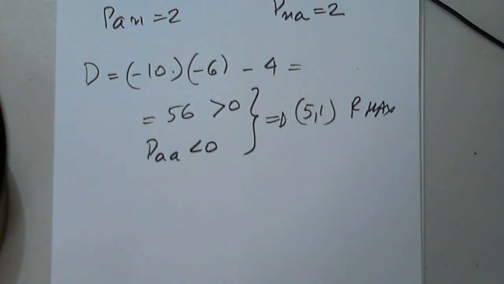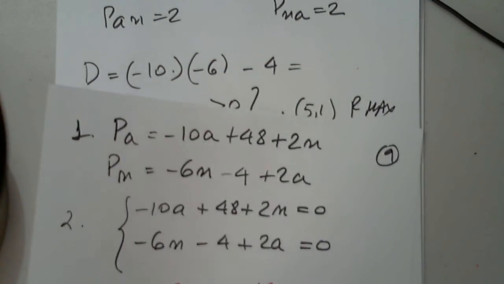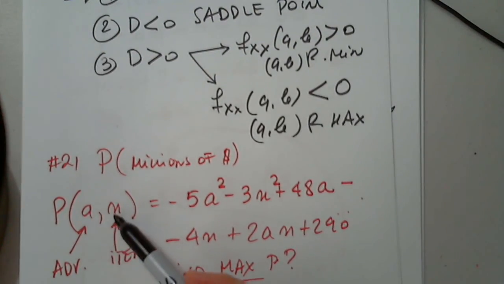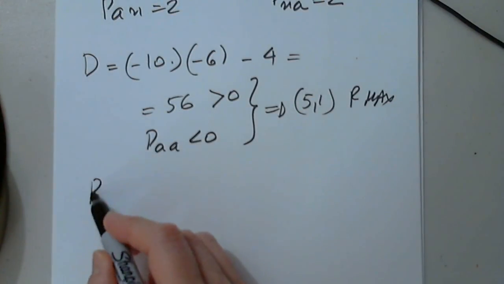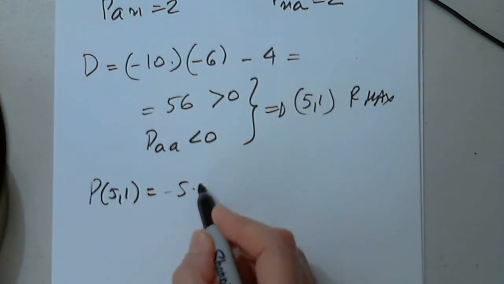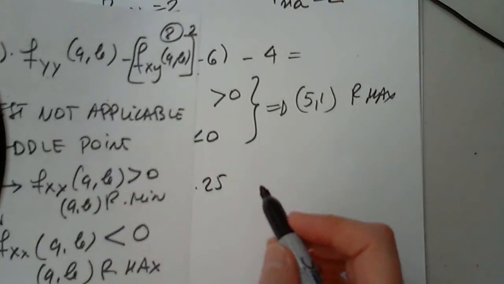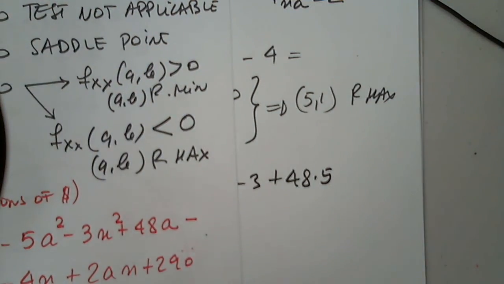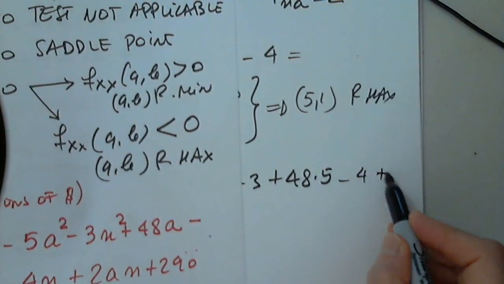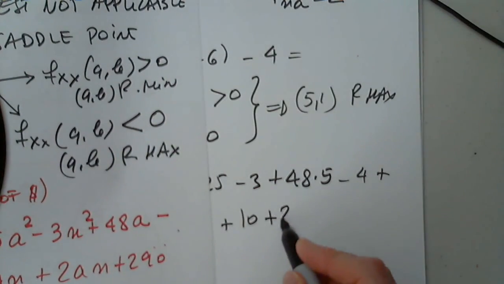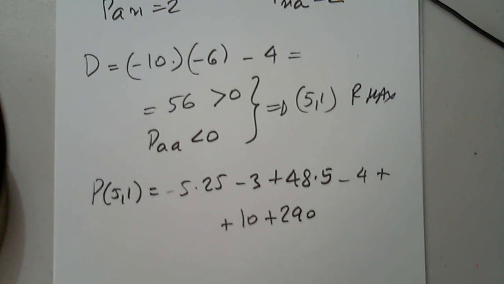What is the relative maximum? I don't know. I'll go back to the function and plug it in. P of 5, 1. So negative 5 times 25 minus 3 plus 48 times 5 minus 4 plus 2 times 5 times 1, 10 plus 290. So let's see what do I get with this.